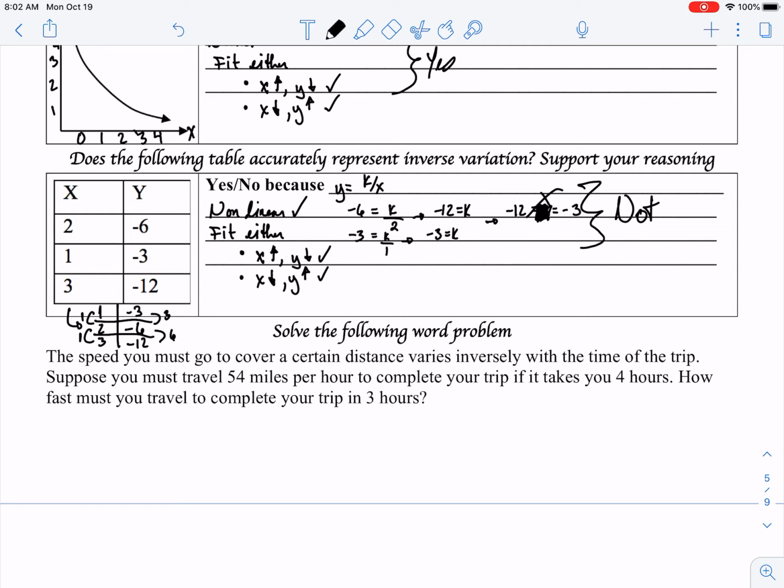The speed you must go over a certain distance varies inversely with the time of the trip. Suppose you travel 54 miles per hour to complete your trip. If it takes you 4 hours, how fast must you travel to complete the trip in 3 hours? Okay, so the speed varies inversely with time. And again, I have some constant.